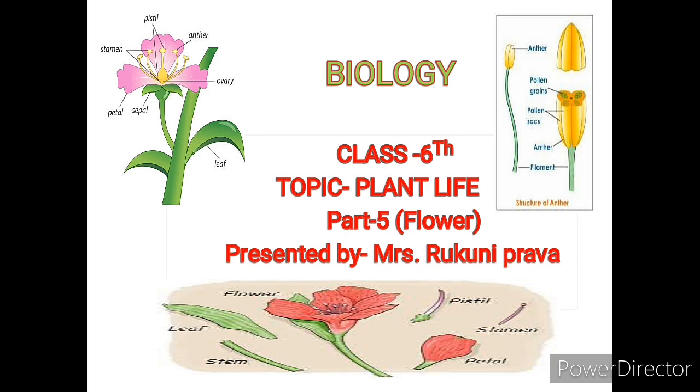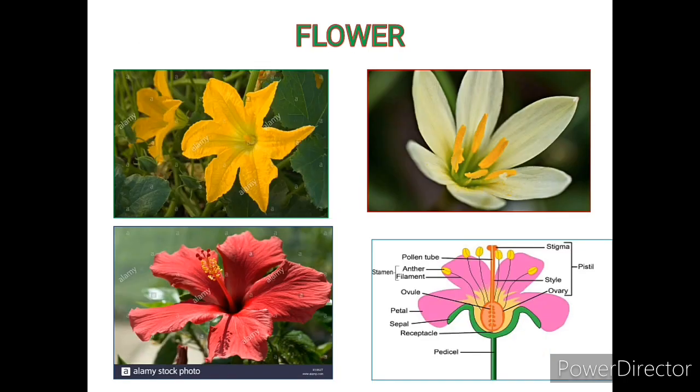So today's topic is flower. So what is a flower? A flower is the reproductive structure found in flowering plants. It is the most beautiful and the most colorful part of the plant.